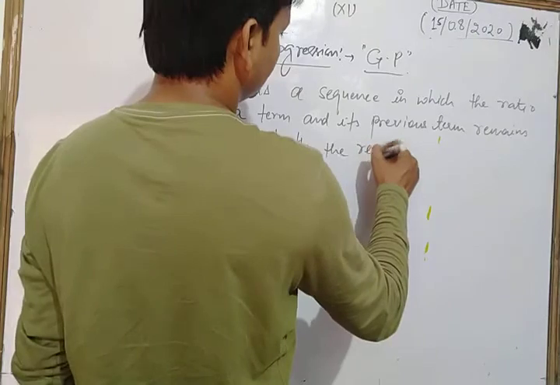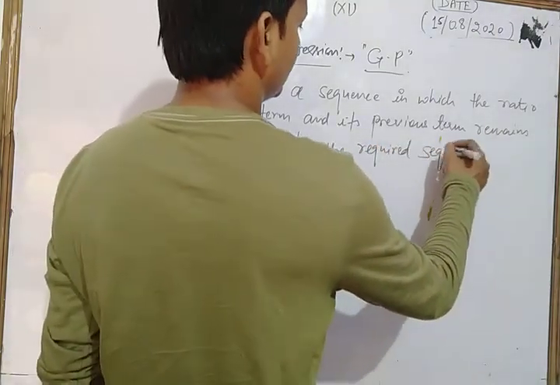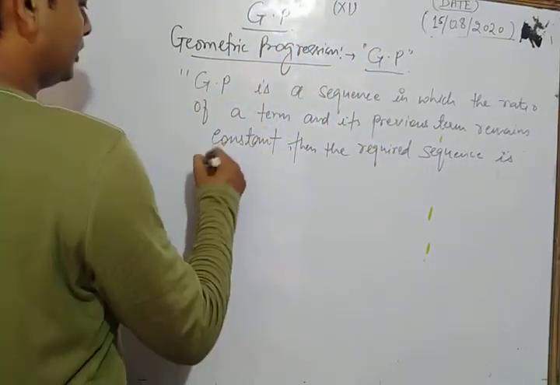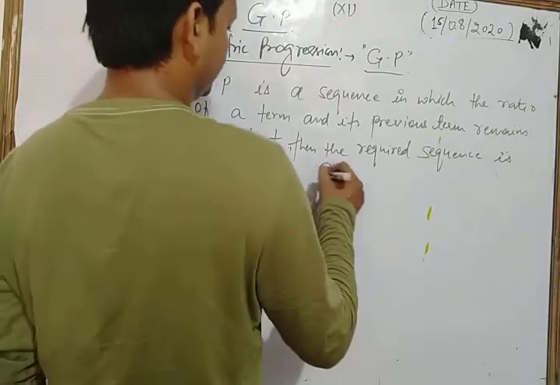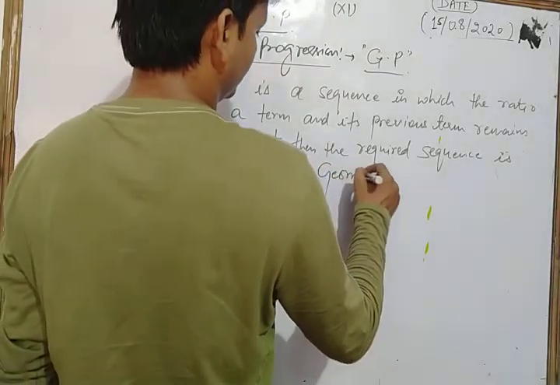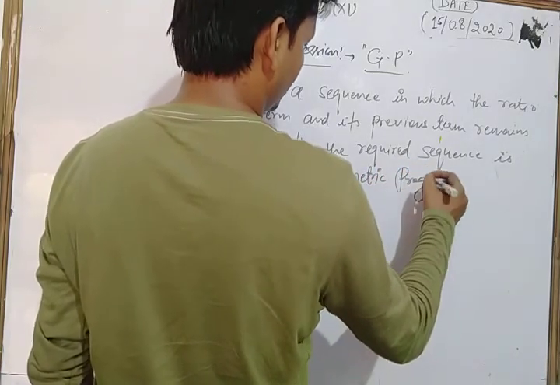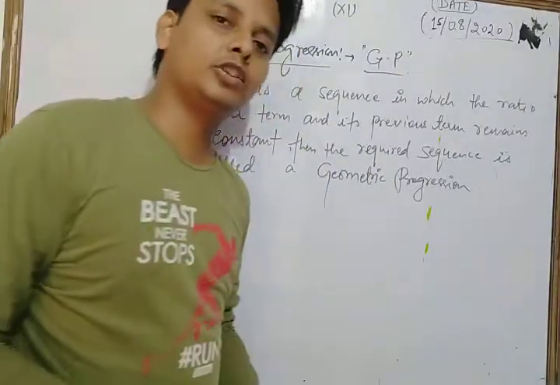Then the required sequence is called the geometric progression.